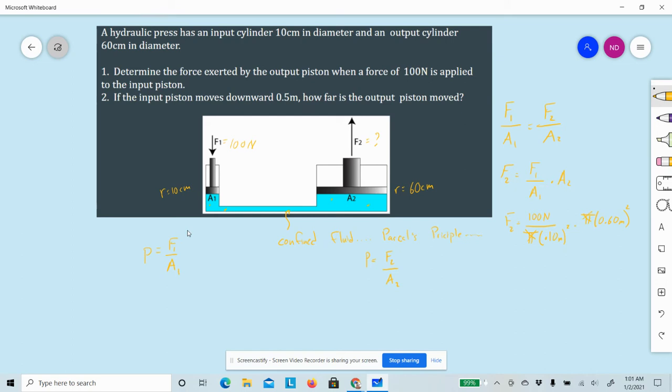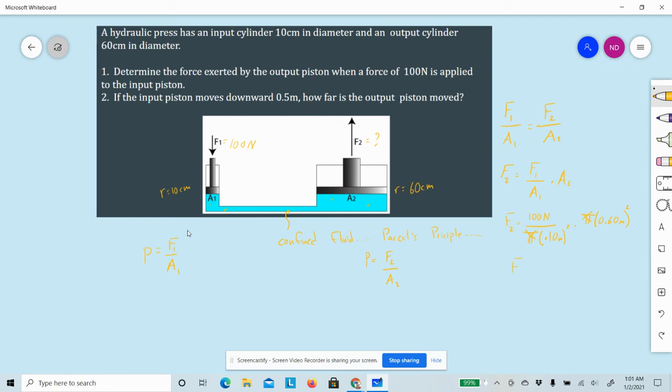So we get 100 divided by 0.1 squared, which is 0.01, multiplied by 0.6 squared, which is 0.36. So 100 divided by 0.01 is 10,000 multiplied by 0.36 gives 3,600. What am I saying?